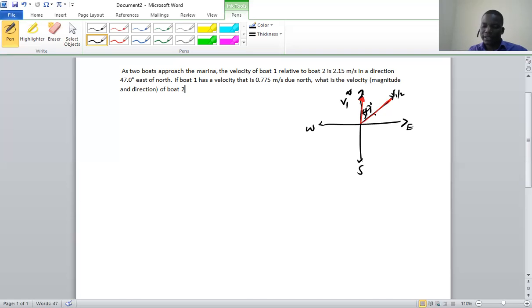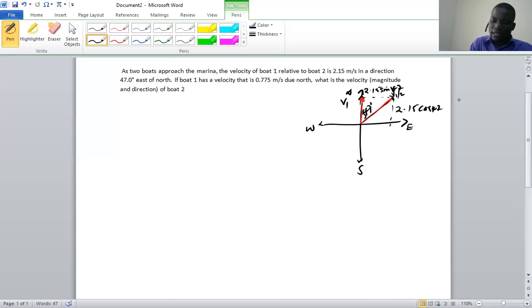Now we want the velocity for boat 2. So how do we calculate that? The first thing we have to do is resolve the relative velocity of boat 1 to boat 2 according to its direction. In the x, the horizontal, we have 2.15 sin 47, and in the y, we have 2.15 cos 47.